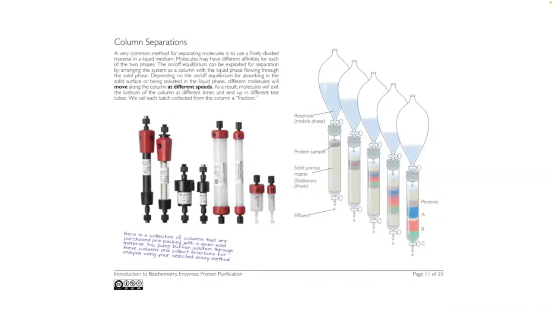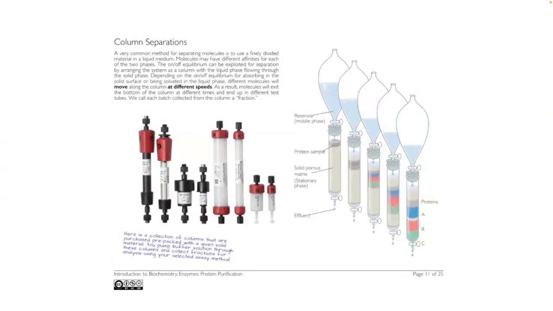And one of the classic ways to purify things in chemistry is with a column. These are various prepared columns with different materials on them. And you would pump your protein into this column for a short burst and load the top of the column with your protein. And then you would start pumping a solution of something through.